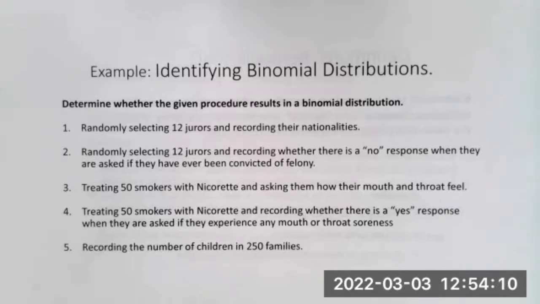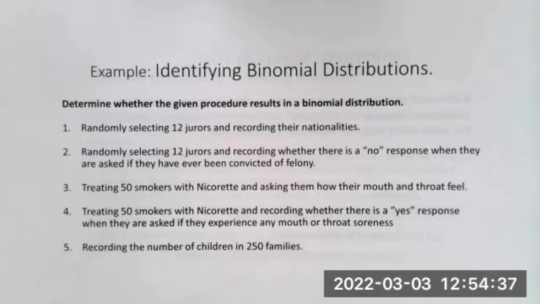It says randomly selecting 12 jurors and recording whether there is a no response when they're asked if they have ever been convicted of a felony. Again, pause here if you have to think about it. The correct answer is yes, this is a binomial distribution.